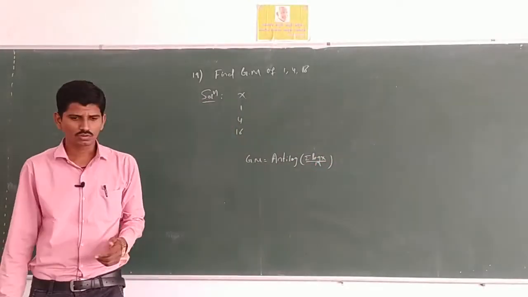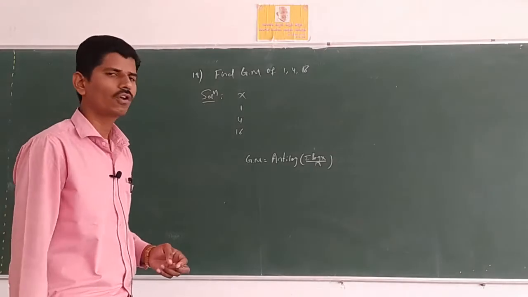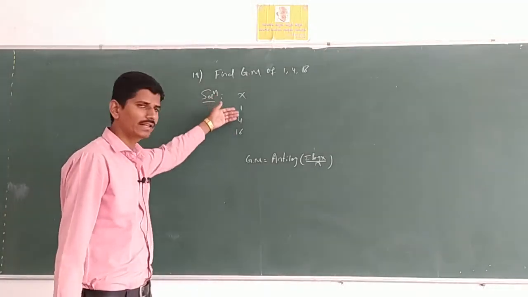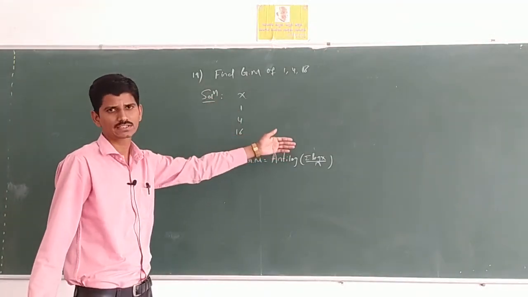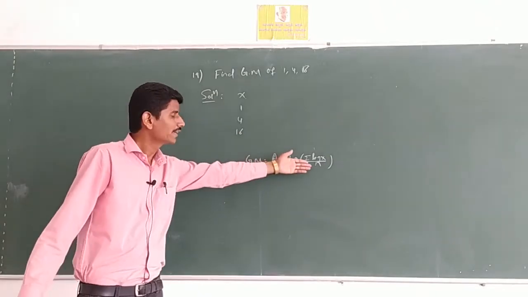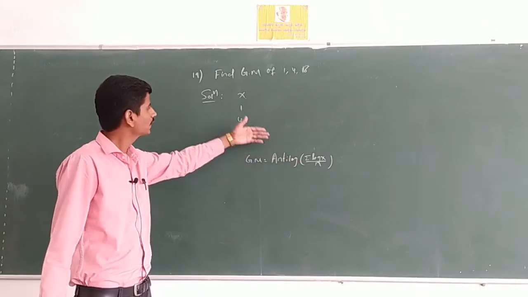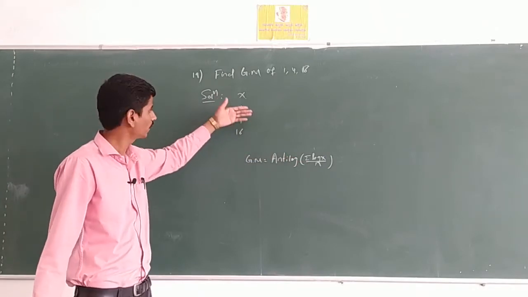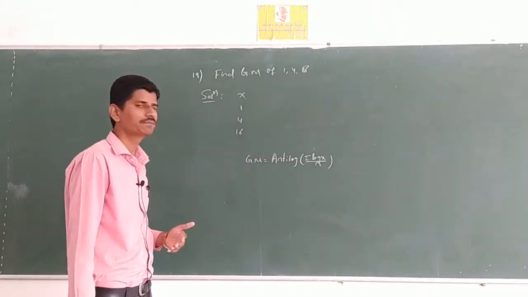Since x values are given, we need log x, so you have to find the logarithms. And n is the number of observations. N equal to 3, there are totally 3 observations: 1, 4 and 16.